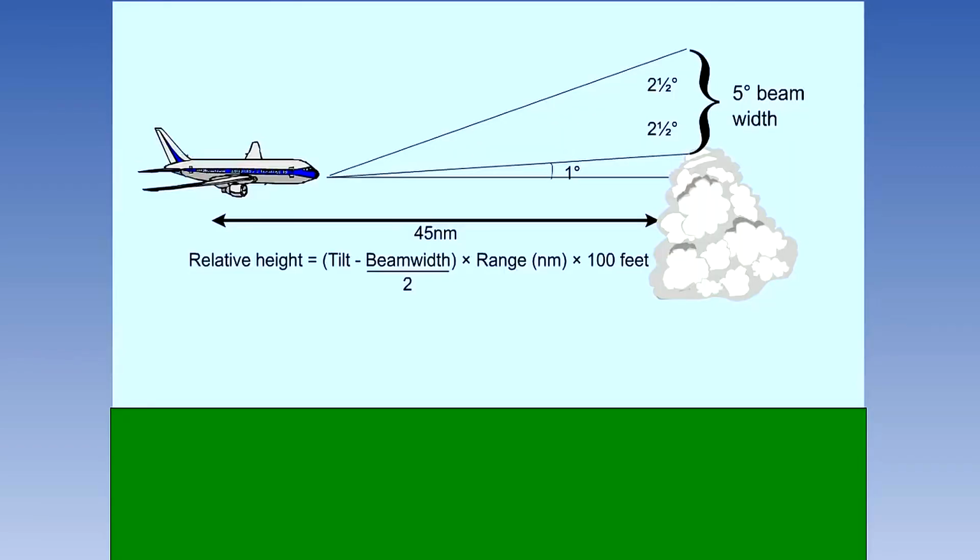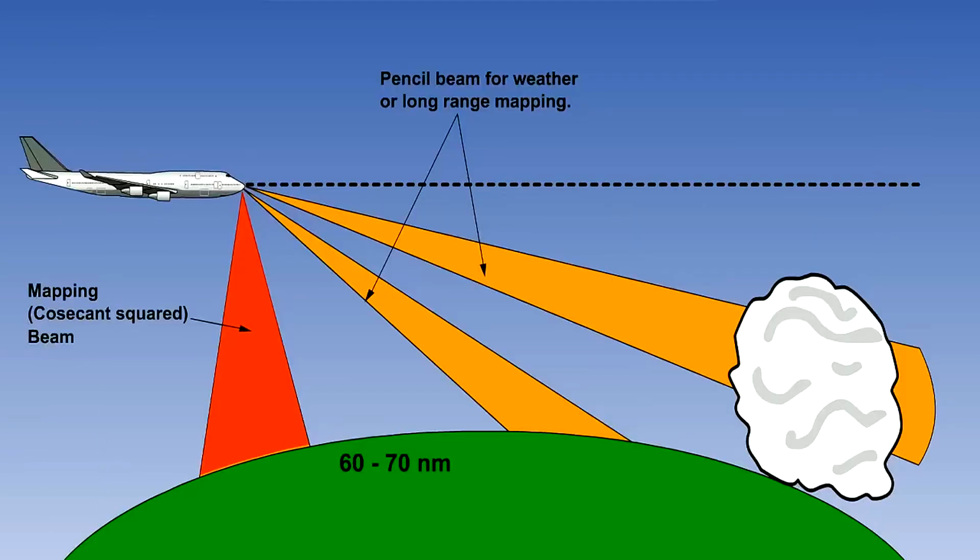The relative cloud height in feet is given by tilt minus half beam width times range in nautical miles times 100. The map mode gives a cosecant squared beam which is fan-shaped out to 60 or 70 nautical miles.